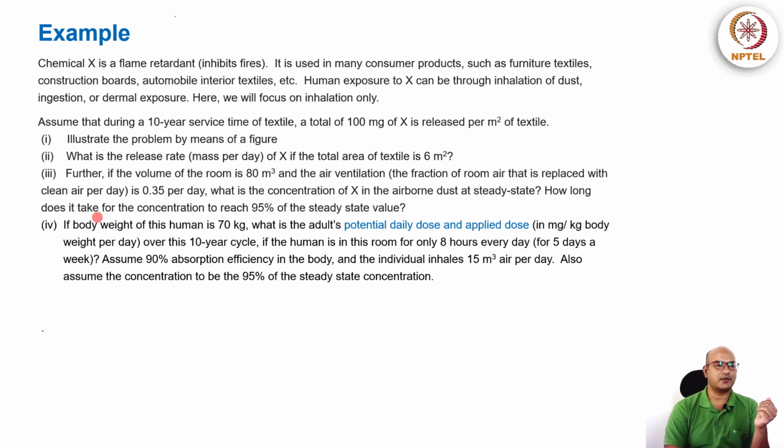But then we will be told that this is the air exchange rate, and we want to calculate the dose of the person over this 10-year cycle or whatever number of years of cycle. So this is a very big question if we read and think of the scope. So given all the information that we have read in the question, let us try to solve this one by one.